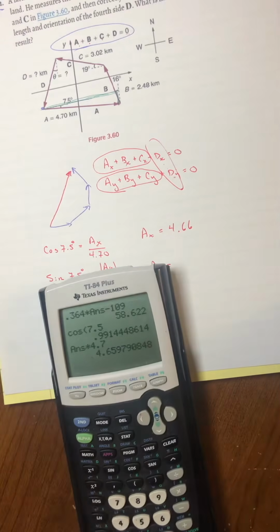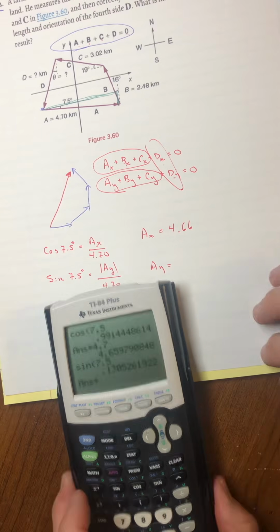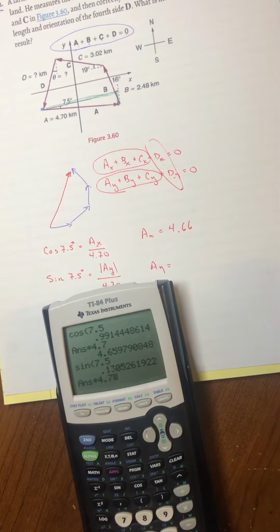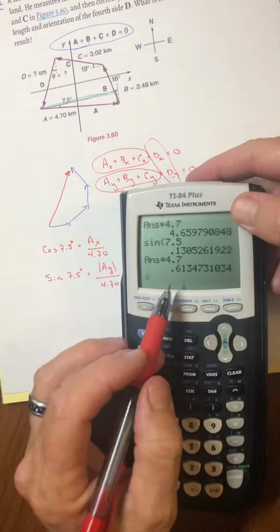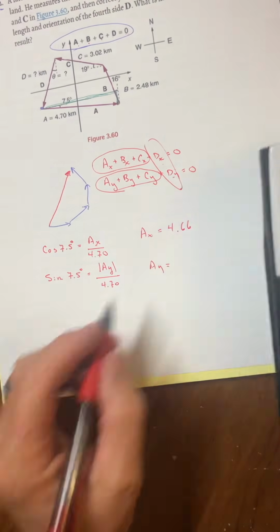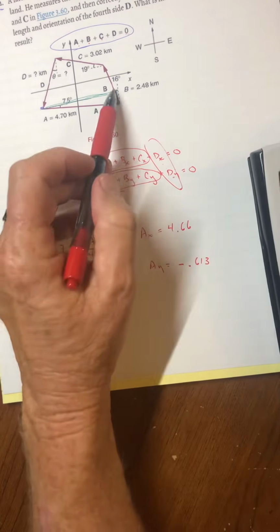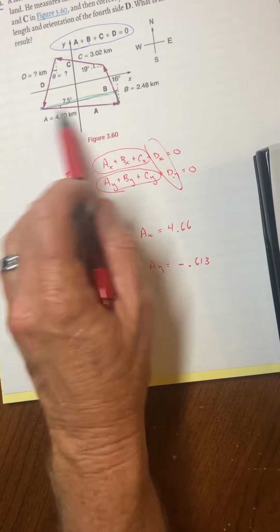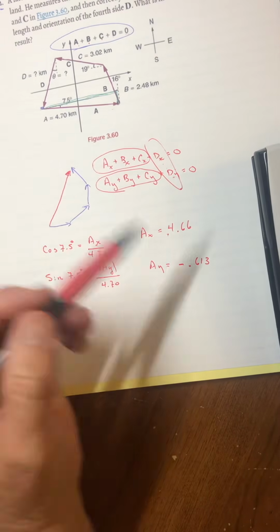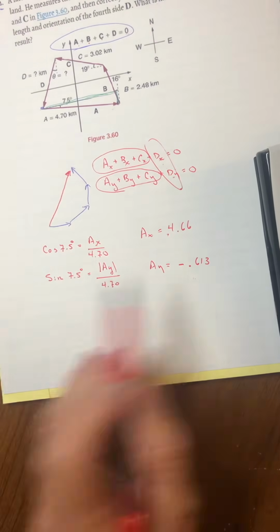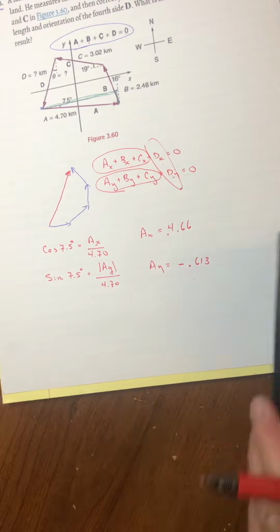Whereas y would be the sine of 7.5 multiplied by the 4.7 length. And so the absolute value would be 0.613, so I'm going to put a negative 0.613. Again, because it goes to the right, it's positive on the x, and then down, so negative on the y.